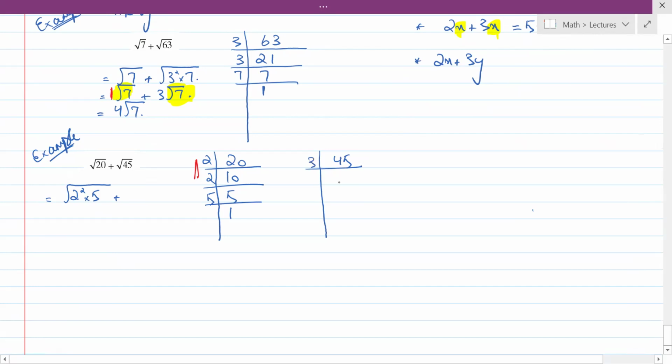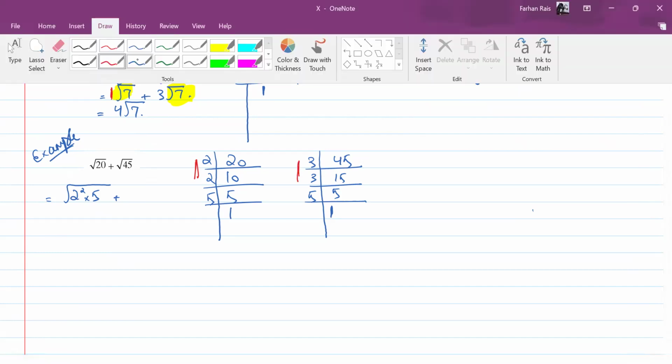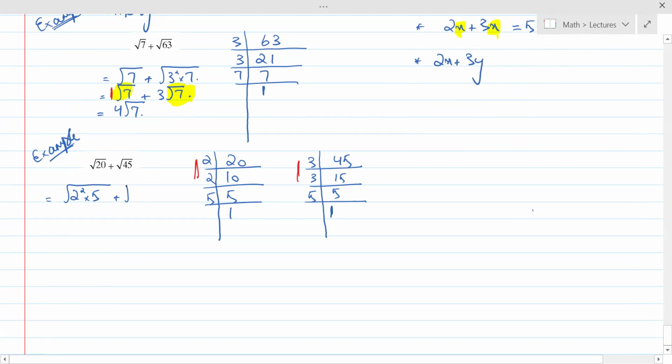So 3 into 15, 3 into 5, and then we go for 5. So 5 ones are 5. So here again we can see only one pair formed, which is of 3. So this root 45 can be written as 3 square into 5.